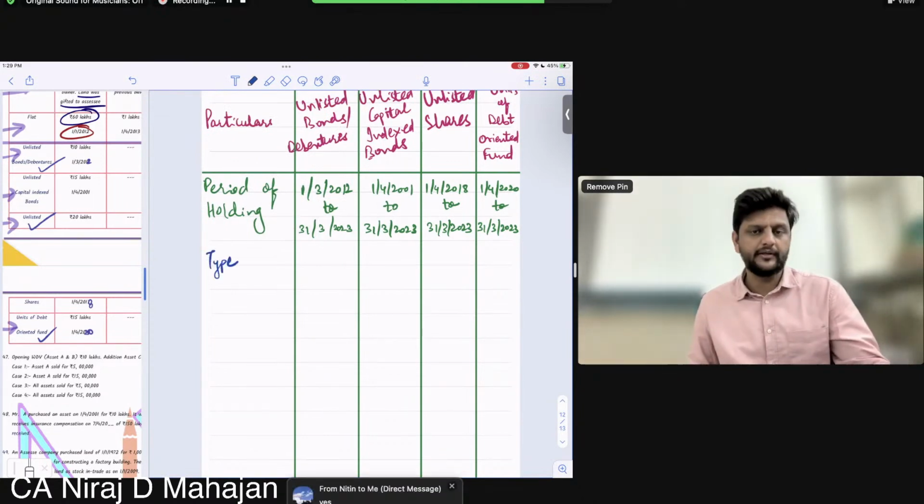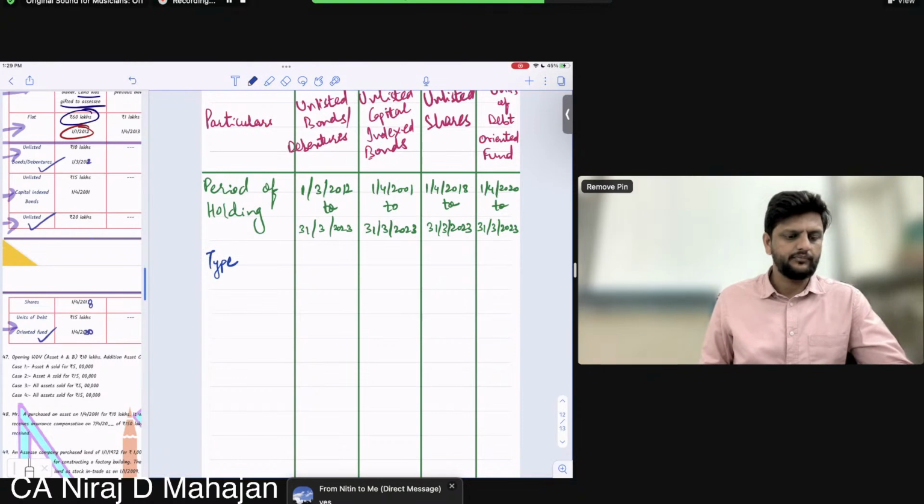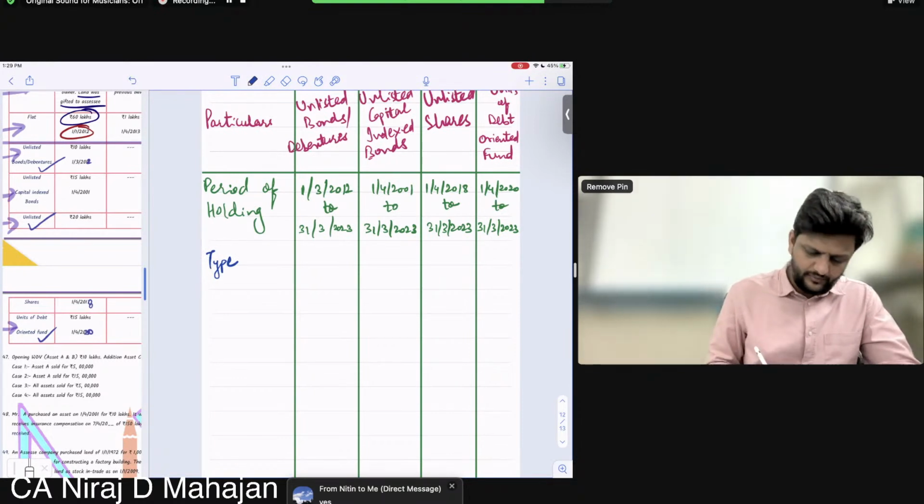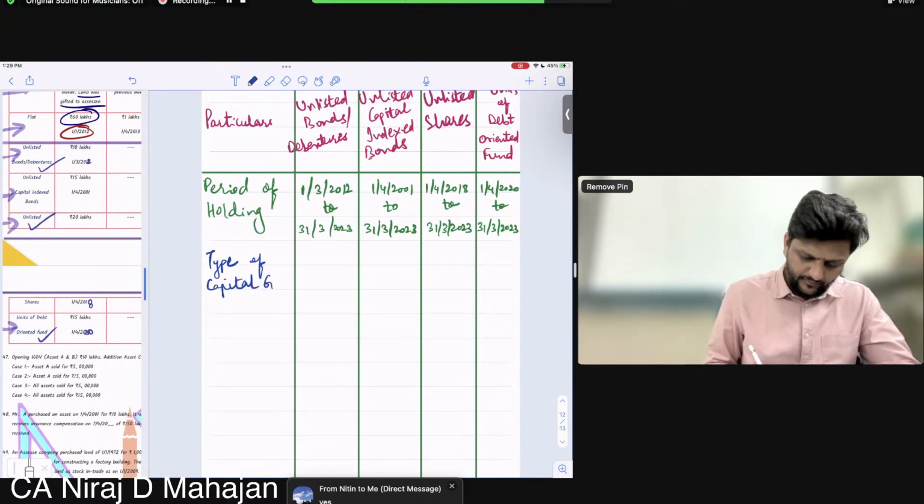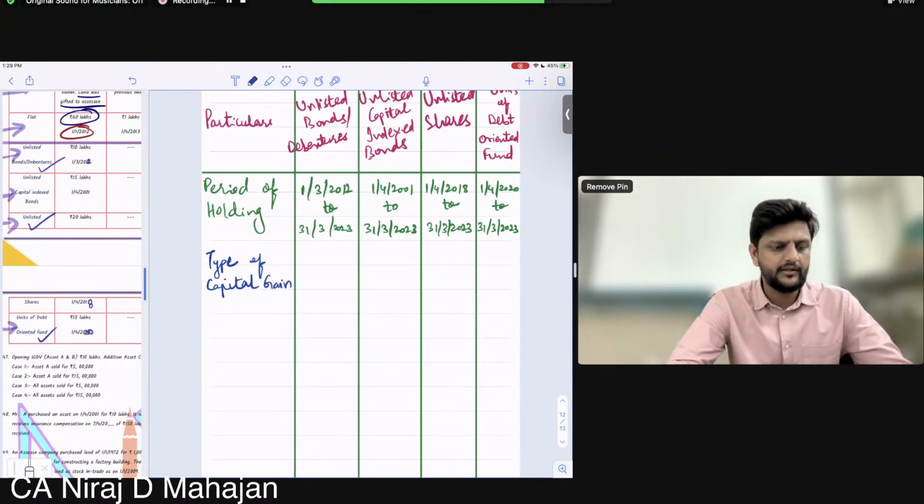Calculate bachcho type of capital gain. And give me month wise also. Month wise means why? Because it is more than 12 months or 24 months or 36 months, okay? Type of capital gain, long term or short term.